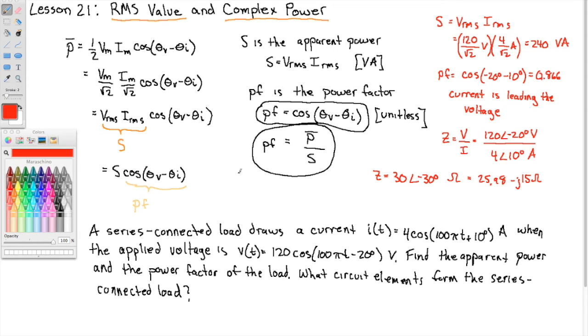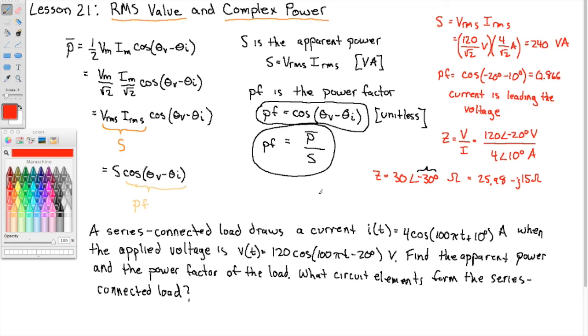Notice here again, this minus 30 degrees, the cosine of that minus 30 degrees gives you the power factor. So the power factor shows up again here. Alright, well, we have a series connected load, so there's going to be a resistor that's going to give us the real part of the load.